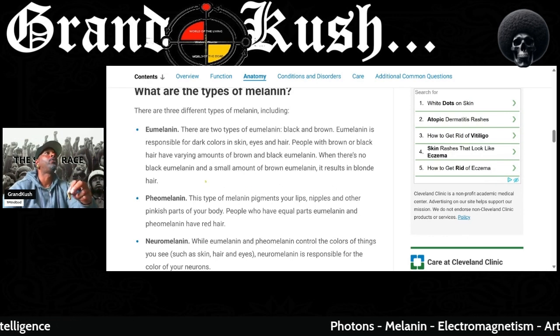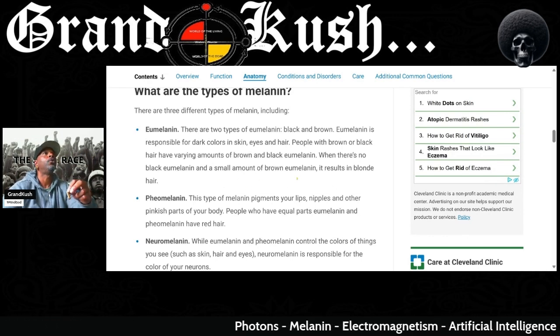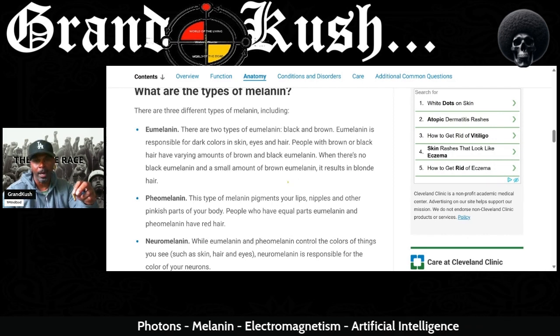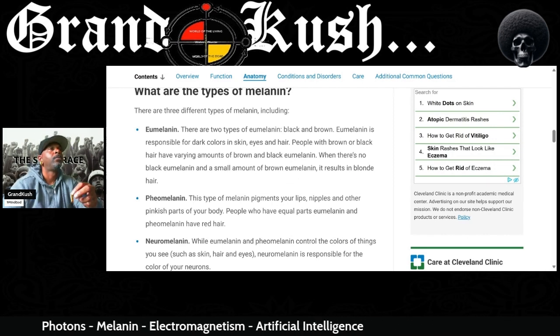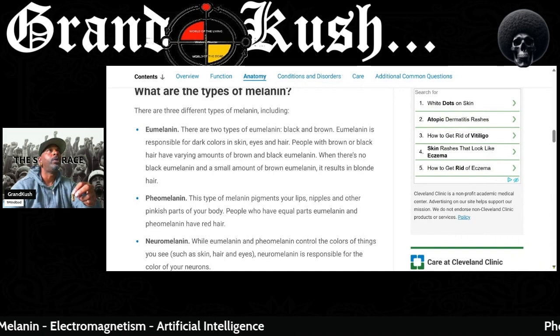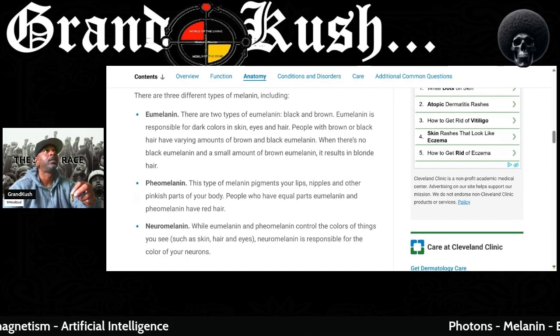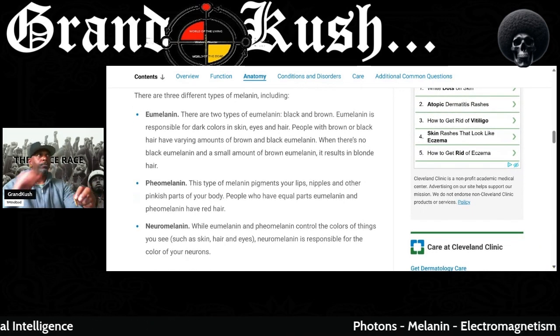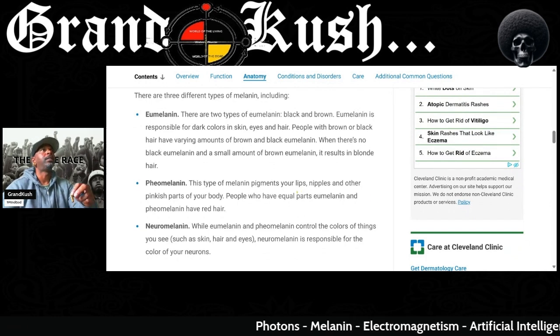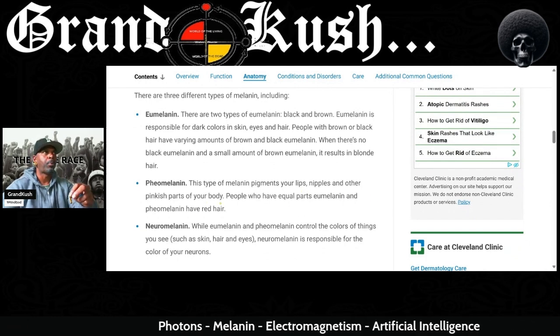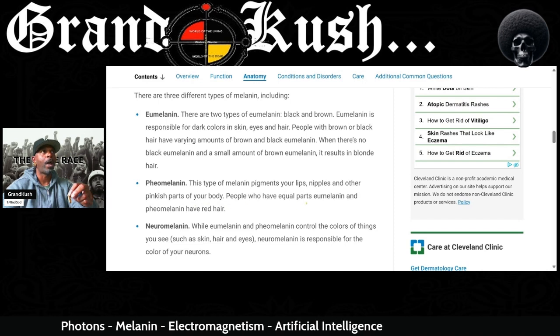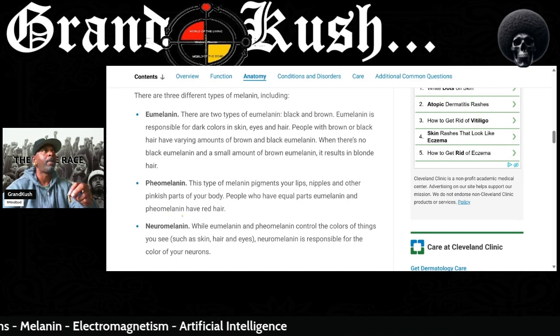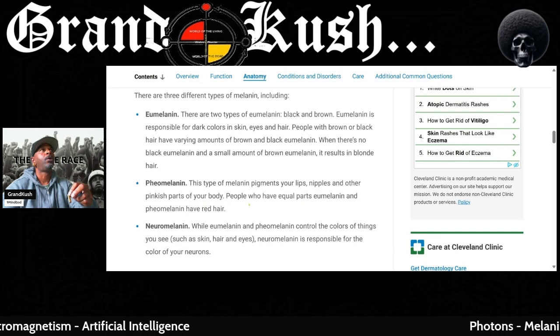Where there is no black eumelanin and a small amount of brown eumelanin, it results in blonde hair. You need the blackness. Pheomelanin is for your lips, nipples, and other pinkish parts of your body. People who have equal parts eumelanin and pheomelanin have red hair, right?